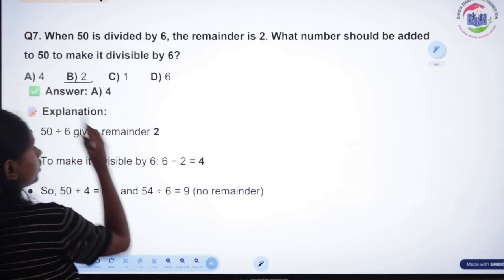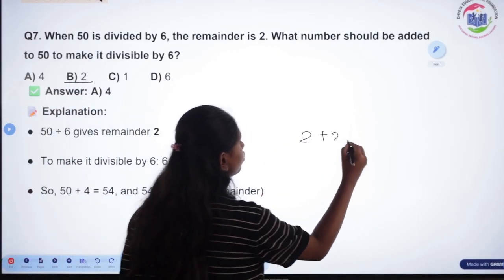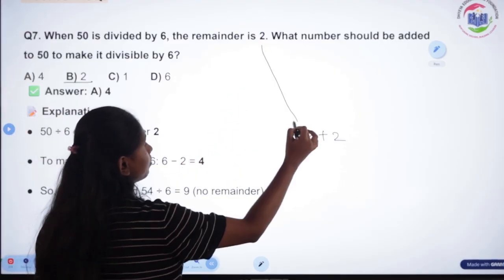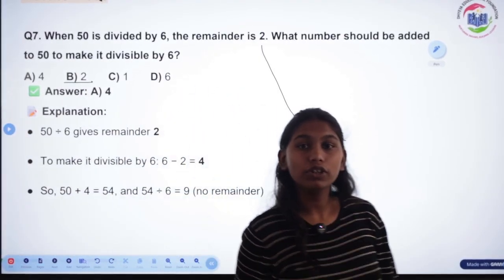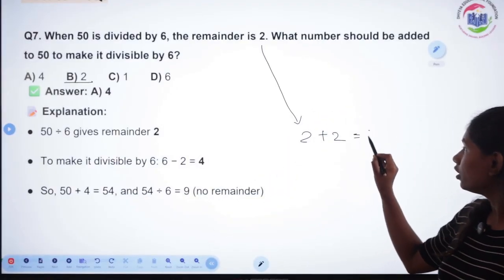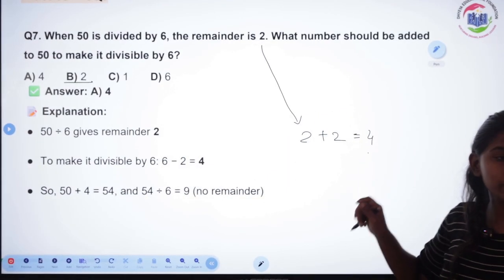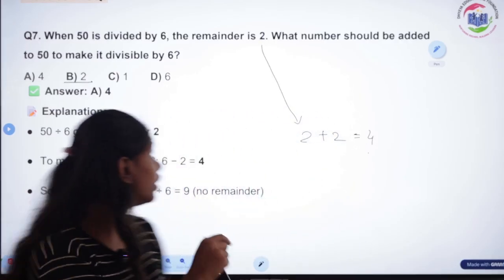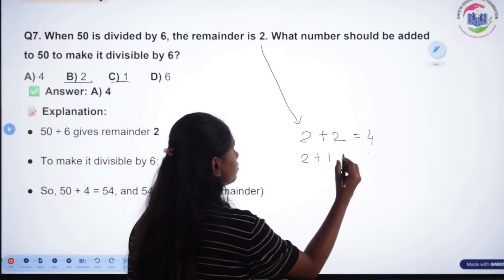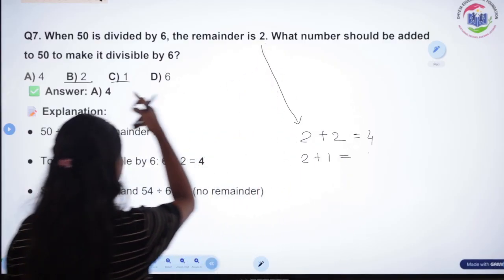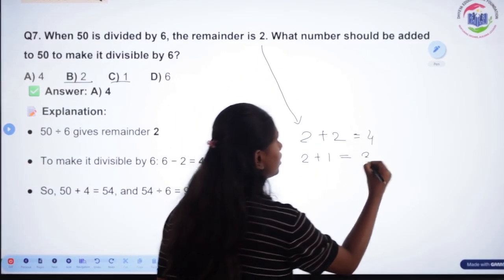Now here the options. If you take the remainder, 2, and add 2, what will you get here? It will be 4. So 6 is not divisible by 4. Then the next number, 1. If you take 2 plus 1, which is the remainder plus this one, you will get 3.